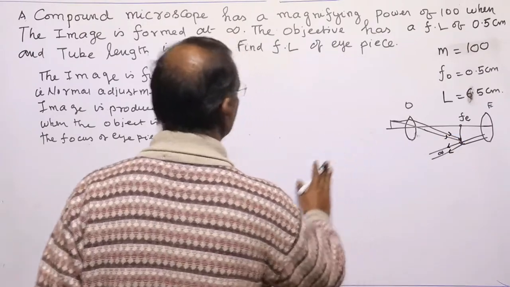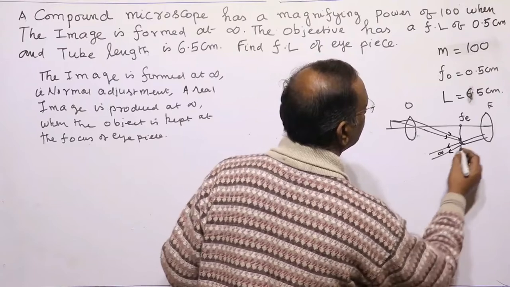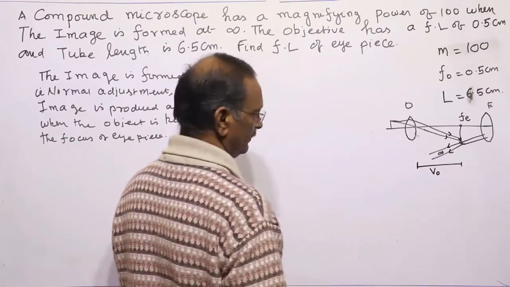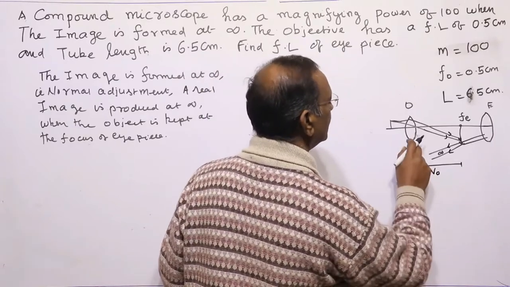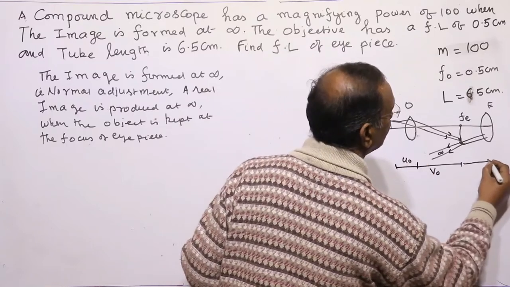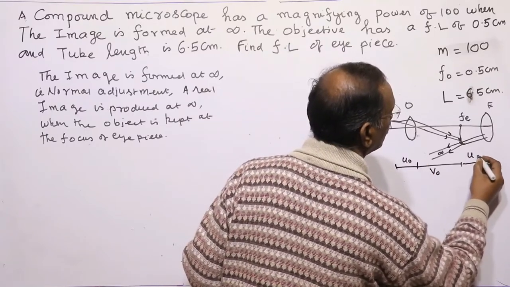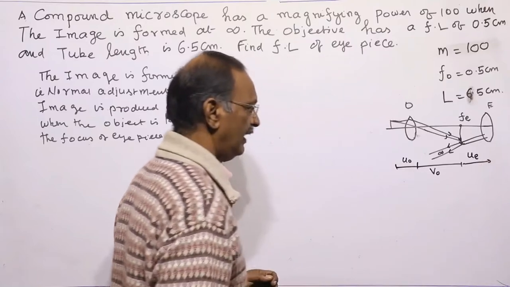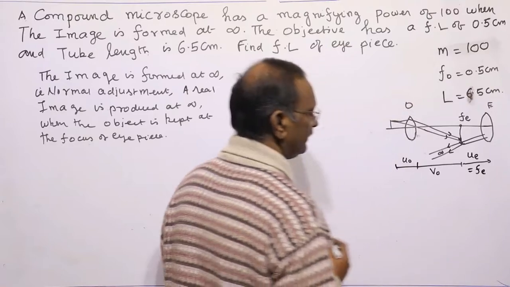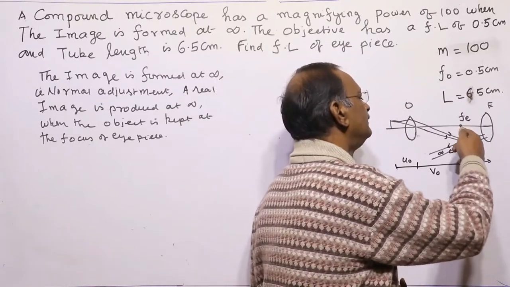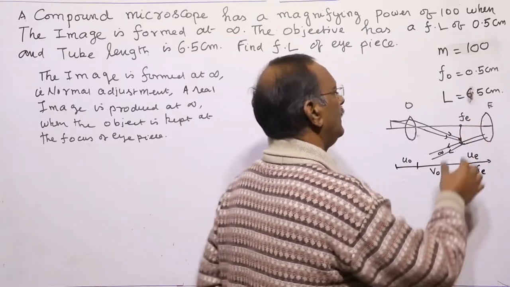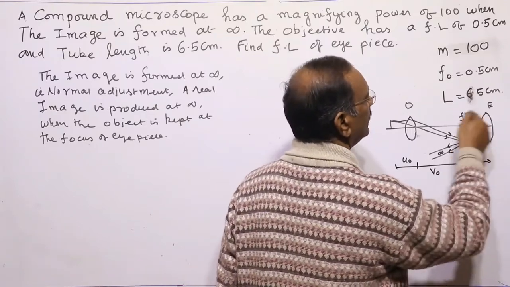So the tube length is given by the distance from here to here, which is V0, the image distance by the objective, and this is U0. From here, this is the object distance from the eyepiece, UE, and the object has to be kept at the focal length of the eyepiece.